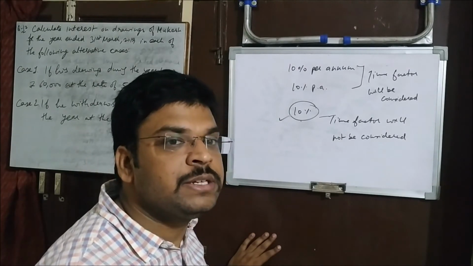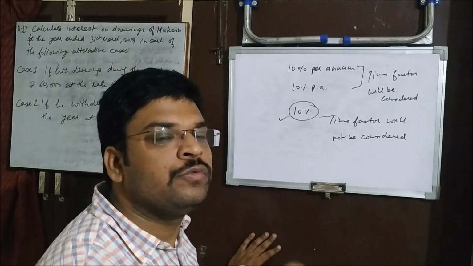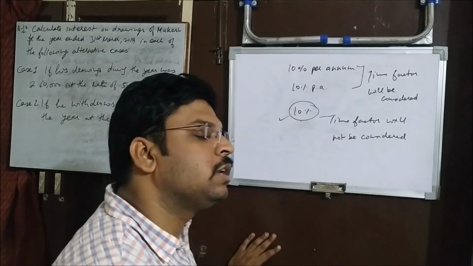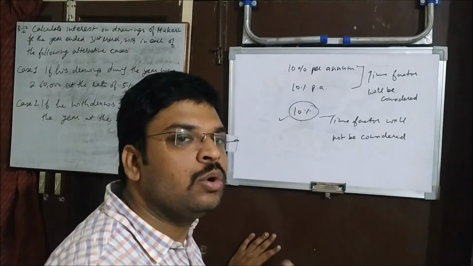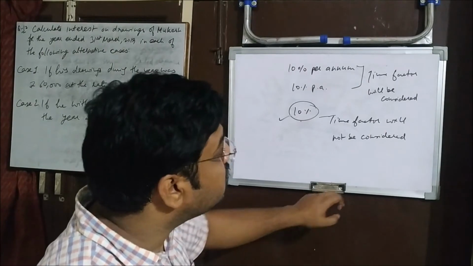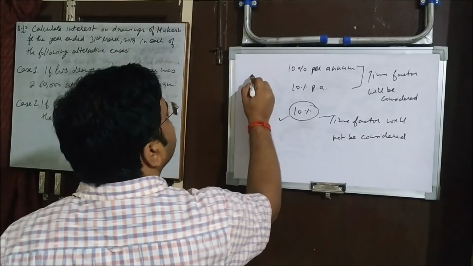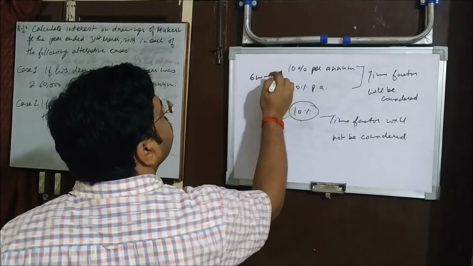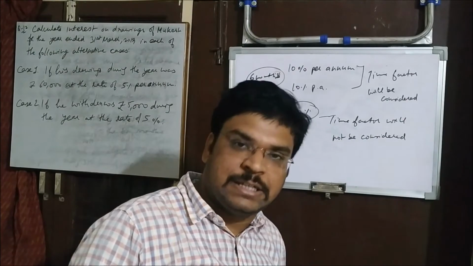They have simply mentioned that a person withdrew this amount during the year at the rate of 10% per annum charge rate of interest. So in that case, what happens? Interest on drawing is calculated considering the time factor, and in that case the time factor is on an average taken as 6 months. All right, the average period is taken as 6 months.